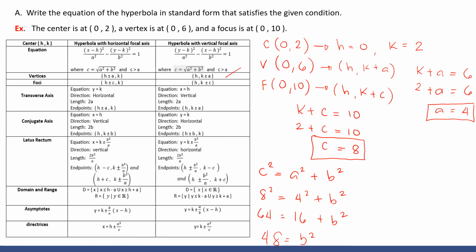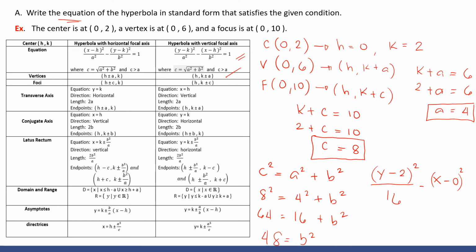Now, since we are asked to write the equation of the hyperbola, we follow this pattern. Y minus K, so that is Y minus 2, quantity squared, all over A squared. Our A is 4, 4 squared is 16, and then minus x minus h, that is 0, and then quantity squared.